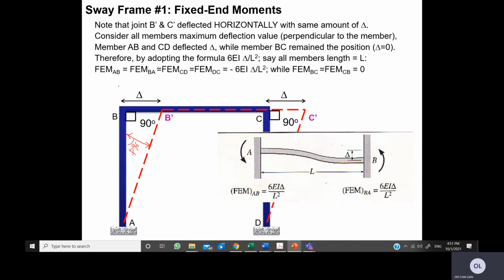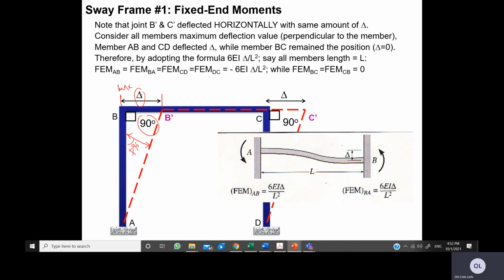We need to get the maximum deflection, which happens at the ends, and it must be 90 degrees to the member. That is why we use this distance. This will be termed as delta.